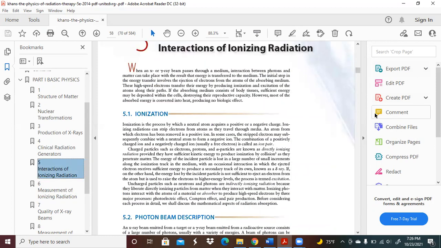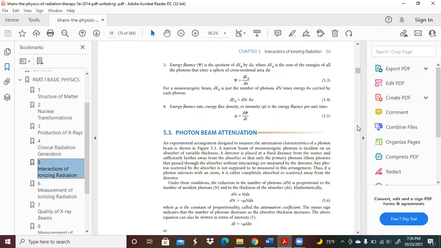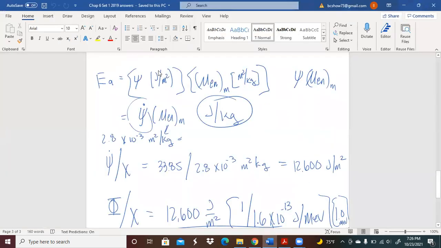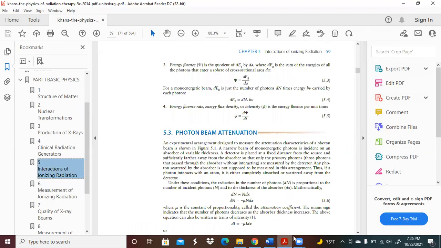It's the previous chapter. Yes. You can see here, the fluence is going to be the change in energy over the change in area, or this is going to end up being, if it's a monoenergetic beam, just the number of photons times the energy that's coming through. That's sort of where this is coming from.